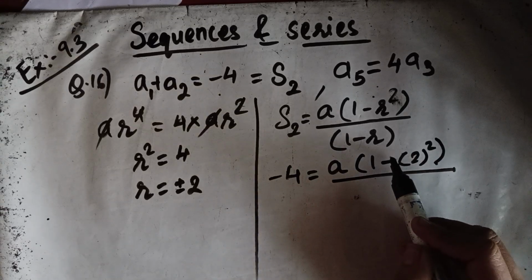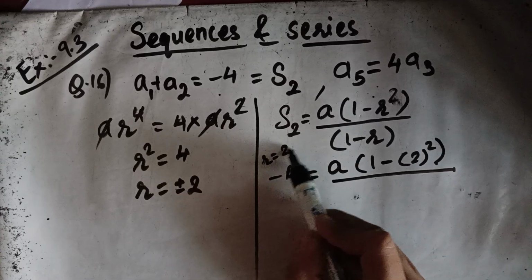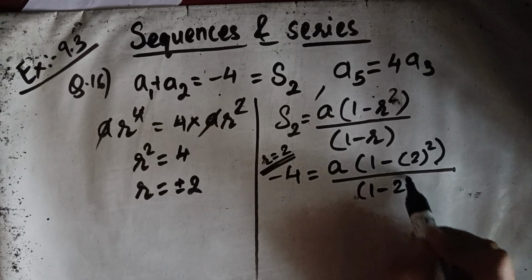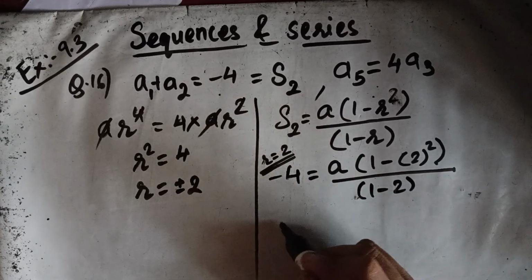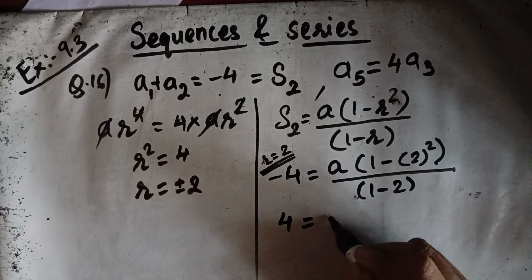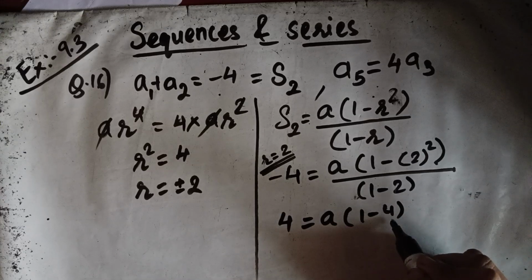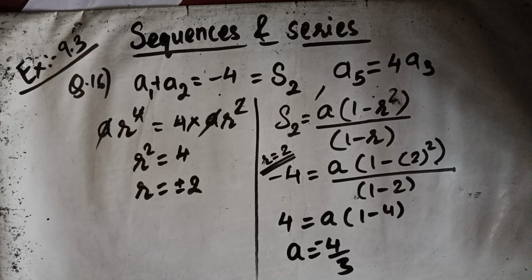I'm taking here positive 2. This is for r equal to plus 2, upon 1 minus 2. So 1 minus 2 is -1. -1 into -4 is +4. 1 minus 4 is -3.